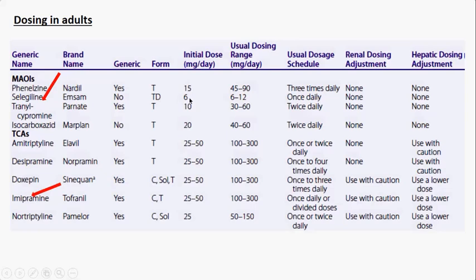The initial dose for this drug on milligram per day basis is 6 milligram per day, and the usual dosing range is 6 to 12. هذا الرينج اللي هو 12 milligram per day هو الماكسيموم. We cannot exceed the dosing above this level. And we usually administer this drug once daily, and it doesn't need any adjustment in the case of renal or hepatic impairment.